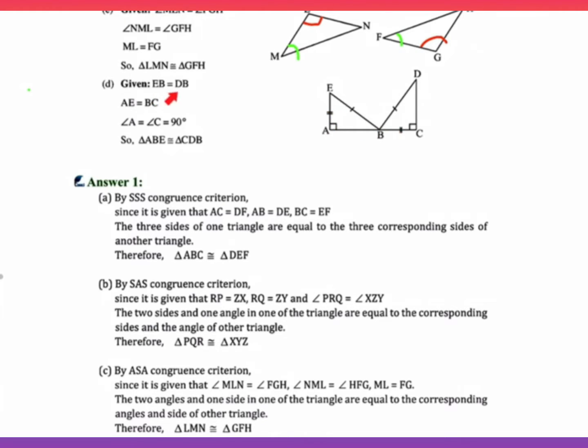So here you can see that for the given information, EB equal to DB. EB means this hypotenuse equal to this, and angle A equal to angle C equal to 90 degree. And after that AE equal to BC. AE means this one side and BC is this one side. Okay. So hypotenuse, angle 90 degree and another side are equal.